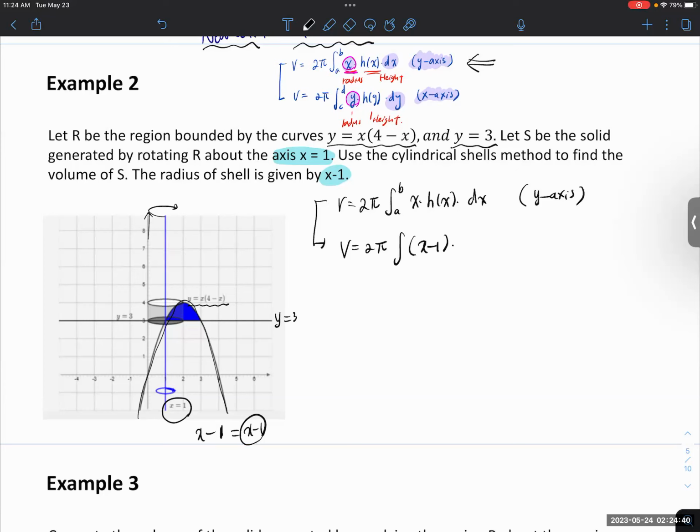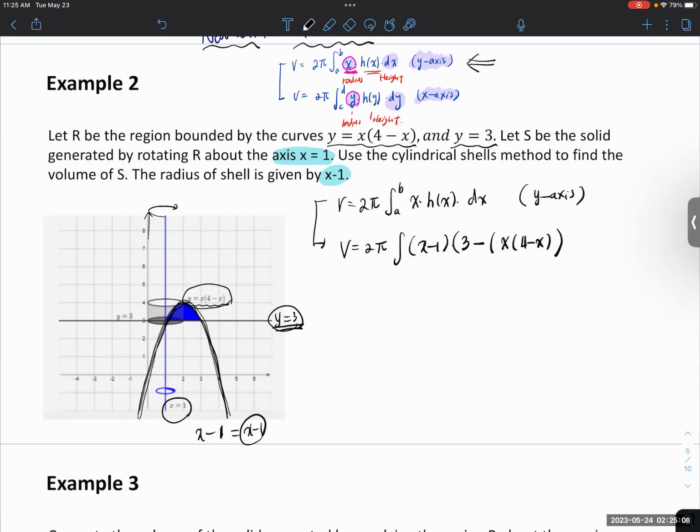So this function keeps going down, but they stop at 3. And then this is a higher function. So you have to what? So they're going to keep going down. So you have many different heights, but the limit is 3, right? So keep in mind, you have a maximum of 3, and you're gonna subtract the original function.